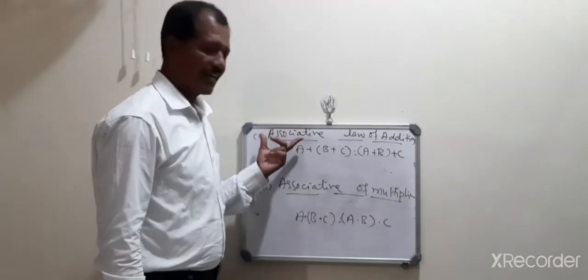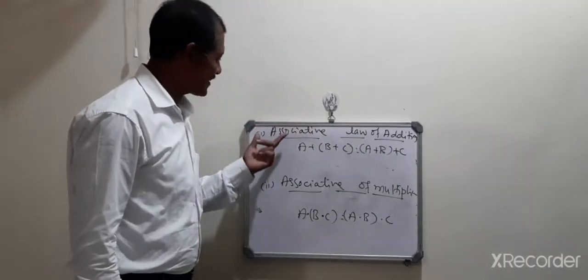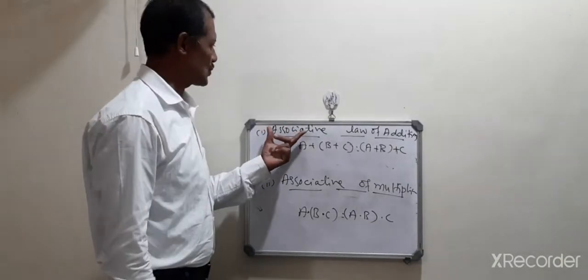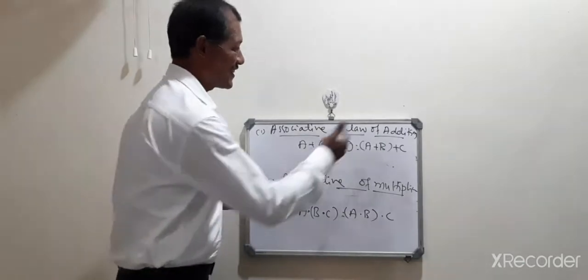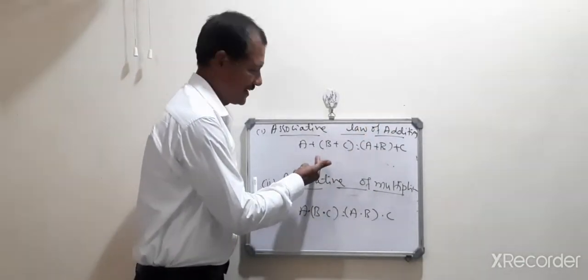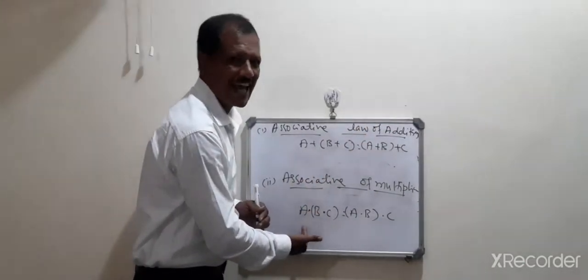So the next one is the associative law. Again, in the associative law there are two laws: associative law of addition and associative law of multiplication. In addition you use the OR operator; in multiplication you use the AND operator.